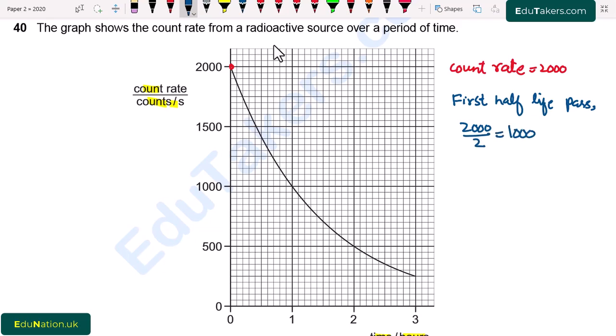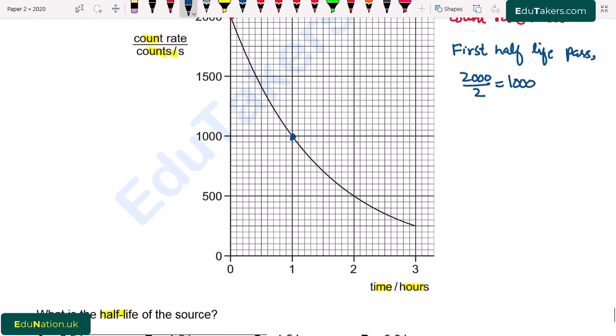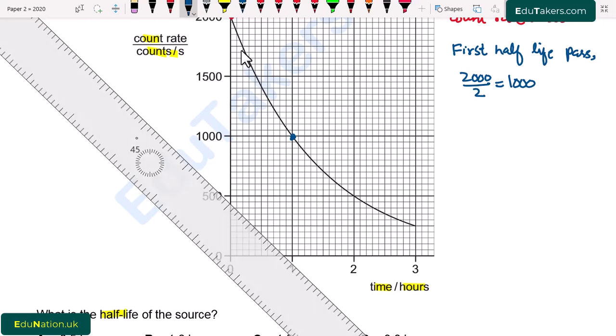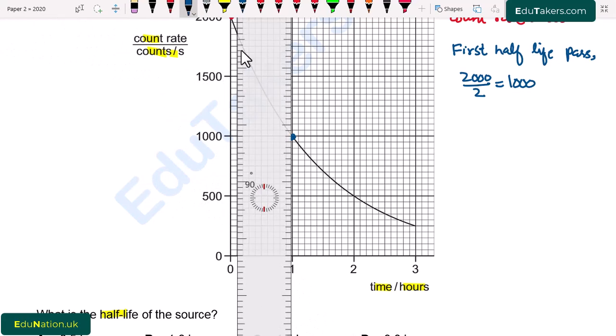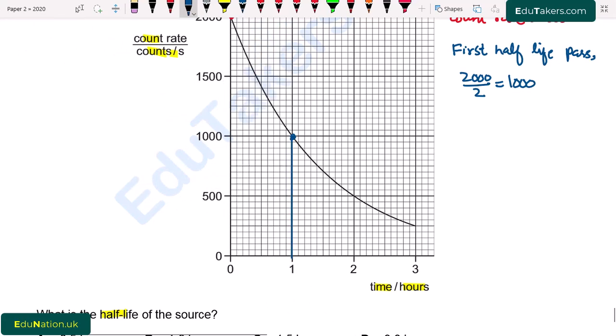From here we can see that 1000 is at this point. We join this point with the time axis and find out the half-life of the source. So here it is 1 hour, which means that the half-life of the source is 1 hour.